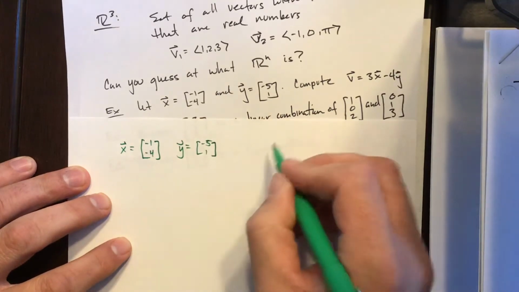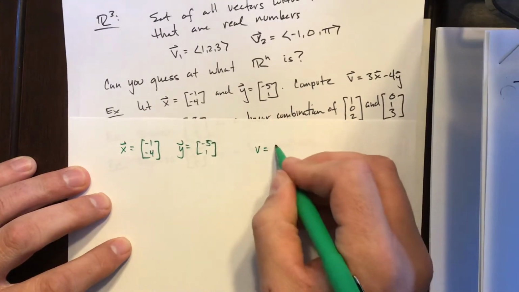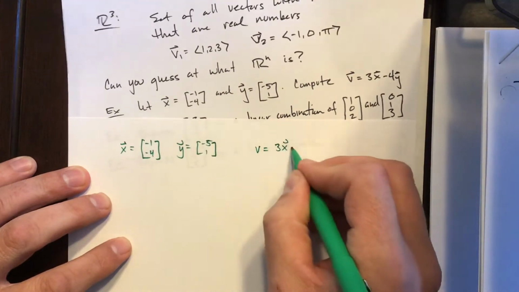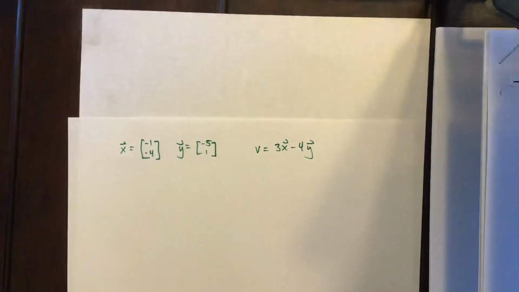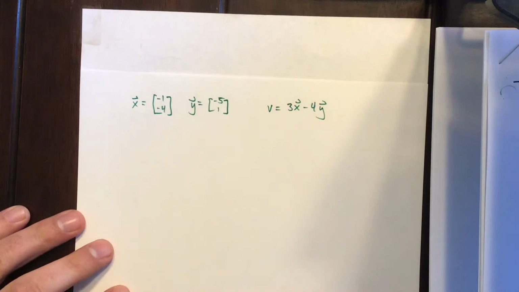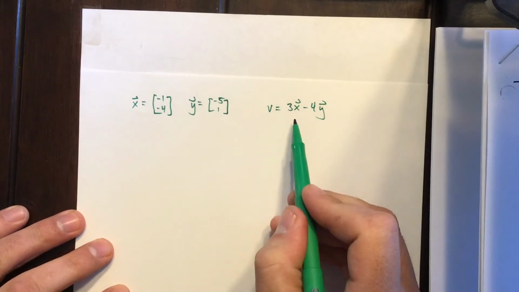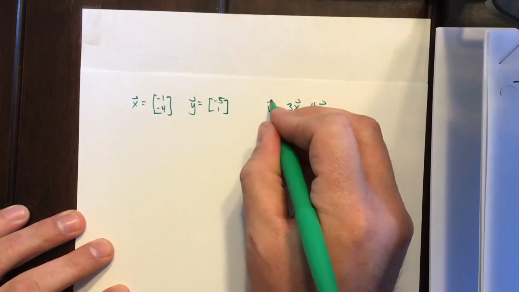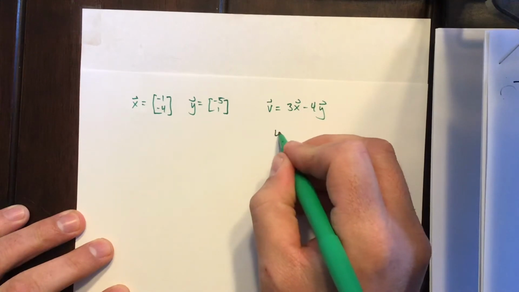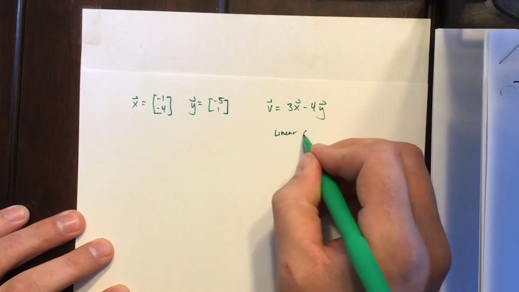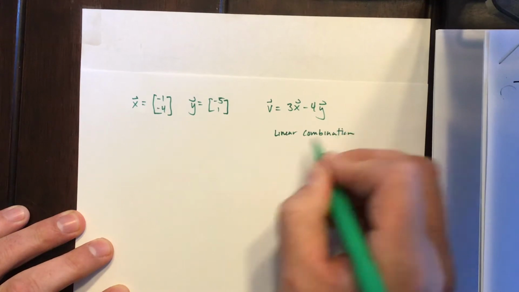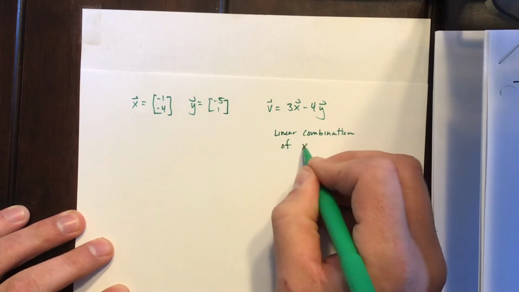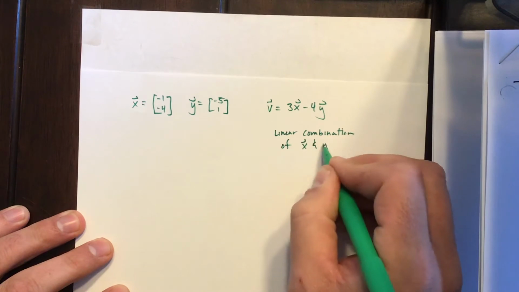And I ask you to compute 3x minus 4y. It's a very simple task. You probably already know how to do it. But this right here is a vector. This is a linear combination of the vectors x and y.